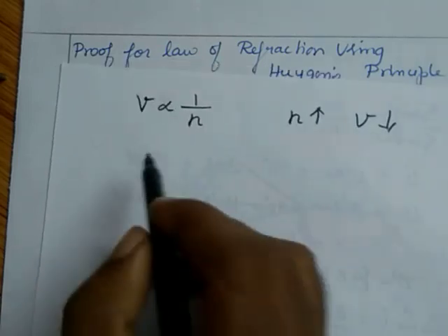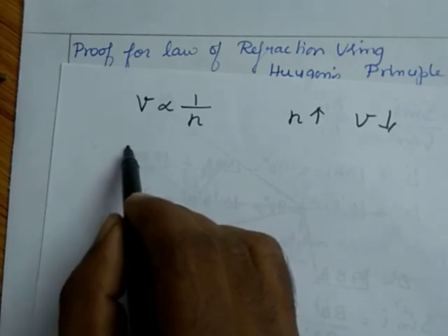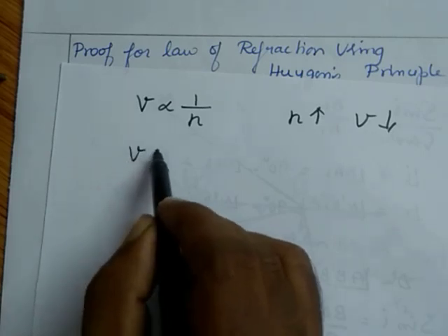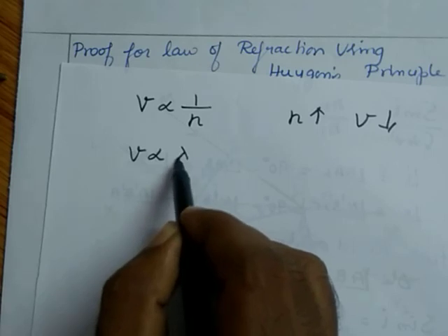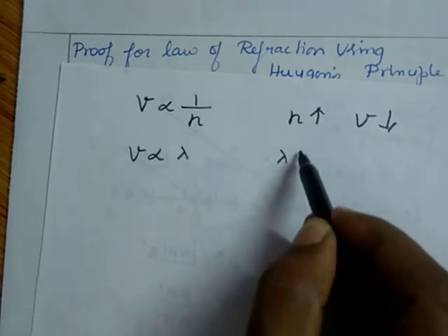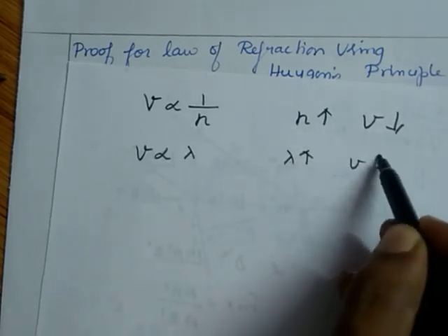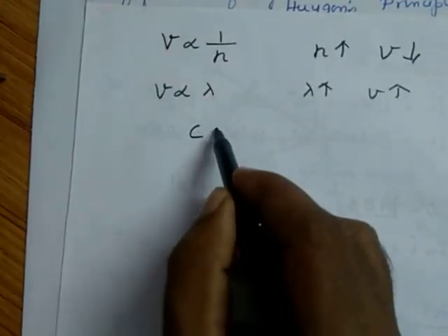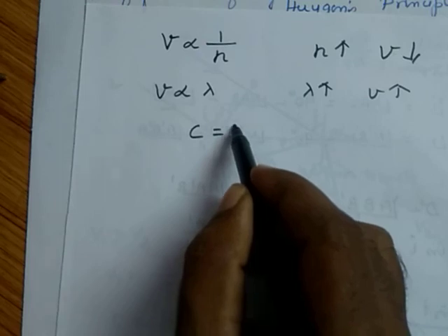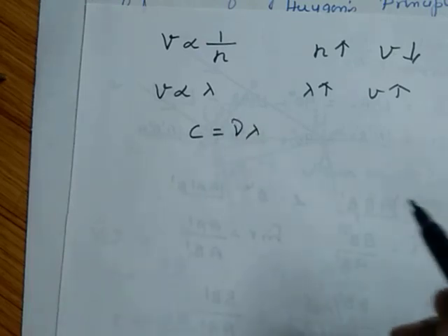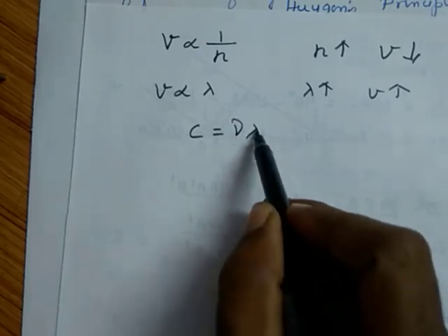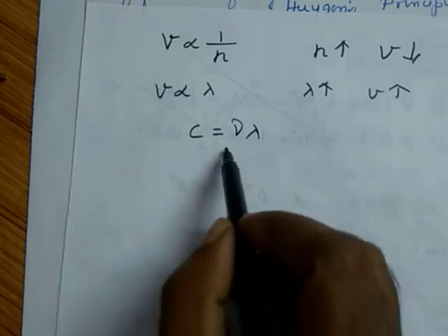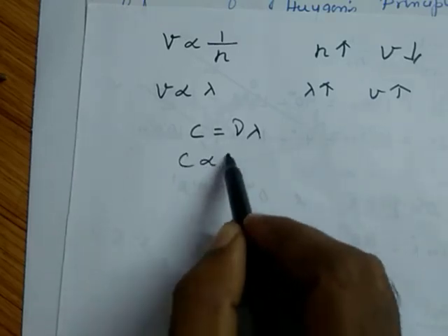Also we get that velocity is directly proportional to wavelength. That means if the wavelength increases, velocity increases. This is from the expression c is equal to nu lambda, where nu is the frequency and lambda is the wavelength. Here c is proportional to lambda.